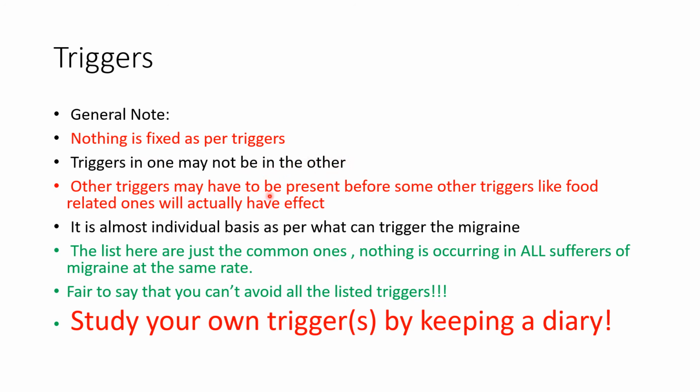Other triggers may have to be present before some other triggers, like food-related ones, will actually have effect. It is almost on an individual basis as per what can trigger the migraine. The lists here are just the common ones. Nothing is occurring in all sufferers of migraine at the same rate. No, there is no particular trigger that is going to occur in all human beings that are having migraine.